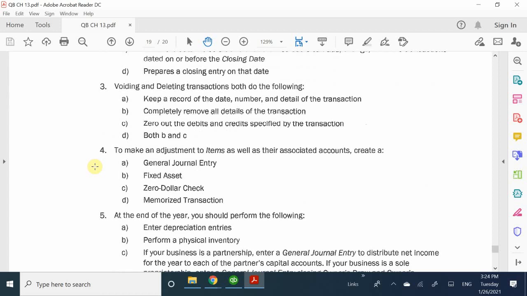Number 4, to make an adjustment to items as well as their associated accounts, you have to create what?